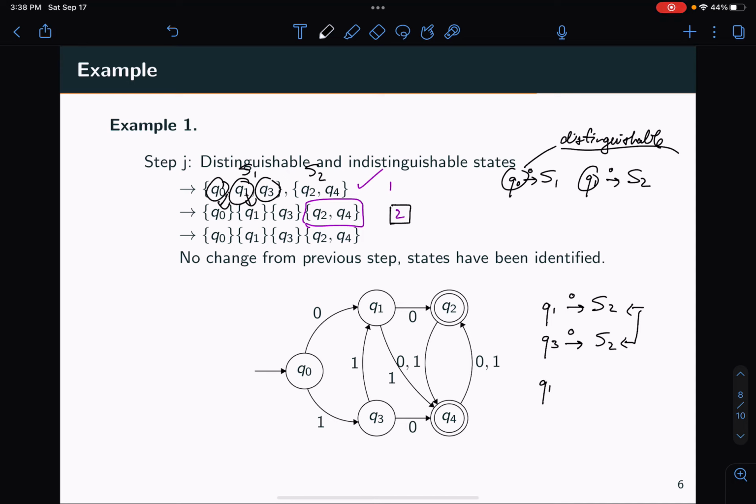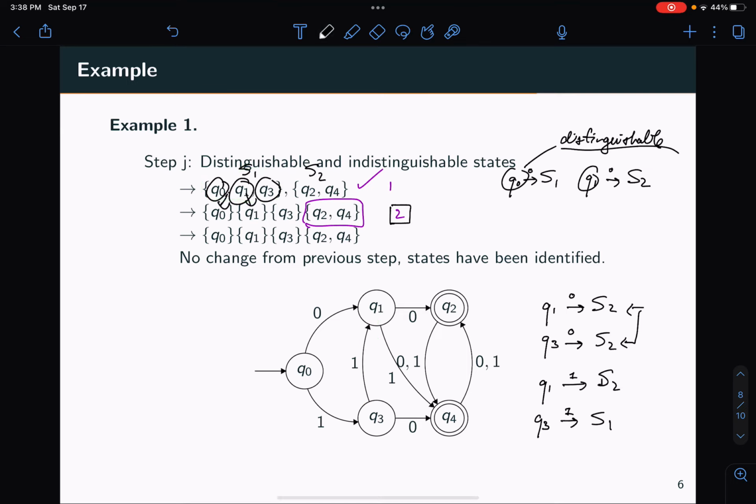What happens if I read a 1? If I read a 1 from Q1, I go to Q4, which is part of partition S2. However, if I'm in Q3 and I read a 1, I go back to Q1, but Q1 from the previous step is part of partition S1.